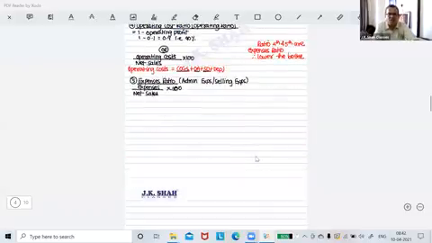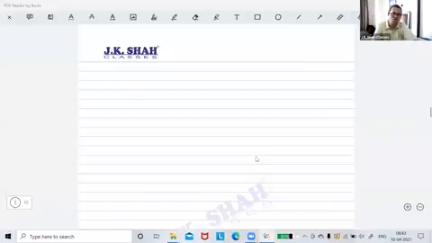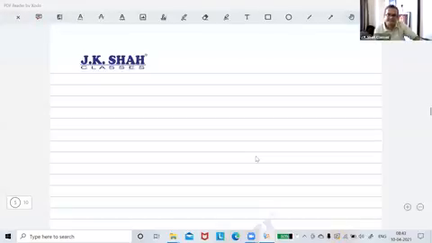Simple. Now we will talk about balance sheet ratios.